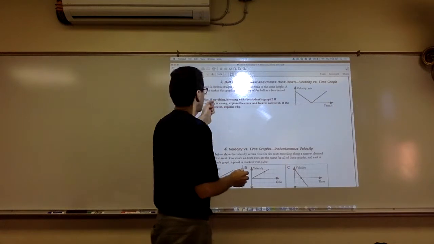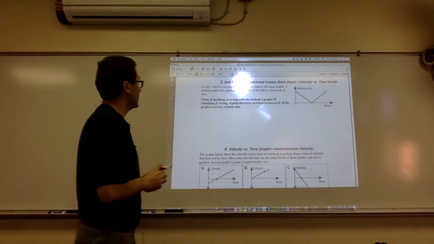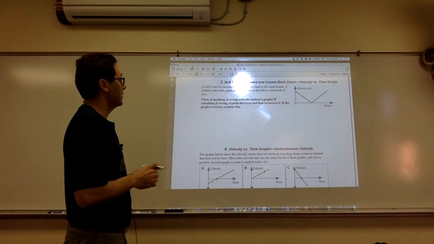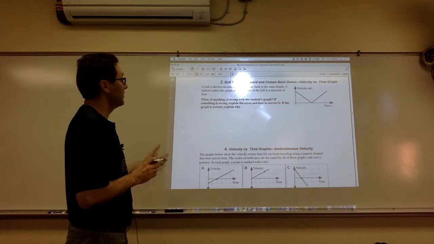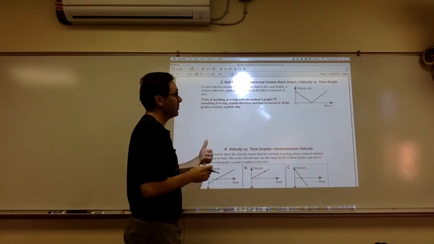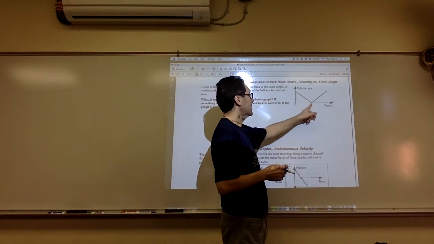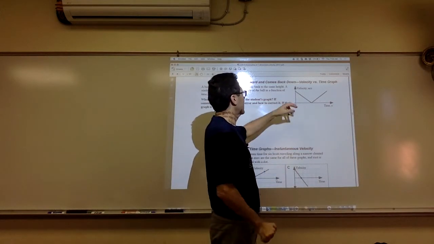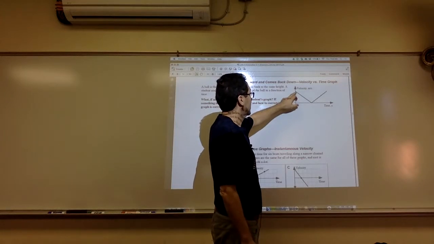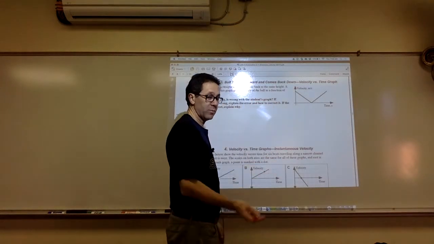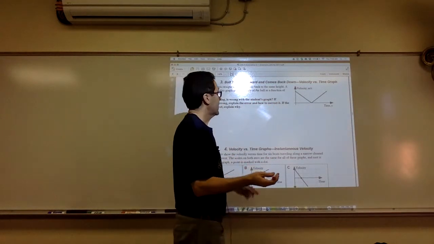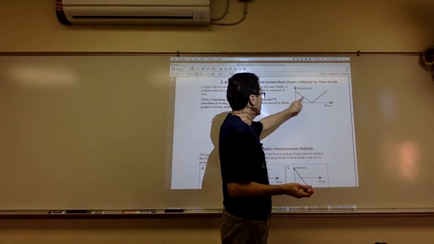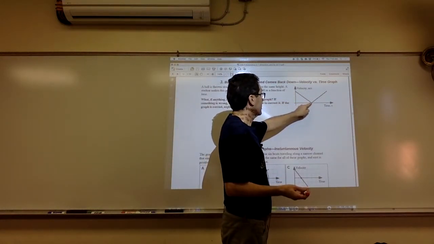This one, number 3, is a ball thrown up in the air that falls back. They're giving us a velocity time graph. If you think about this, it means the object starts with a speed when you throw it up, and slows down to 0.